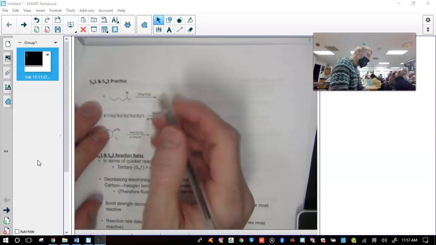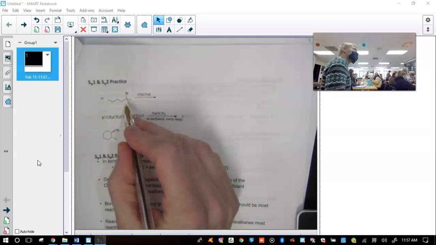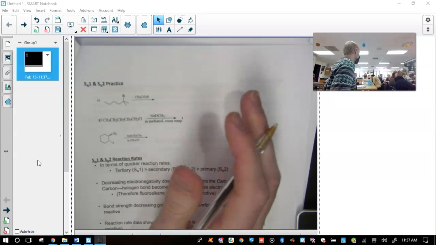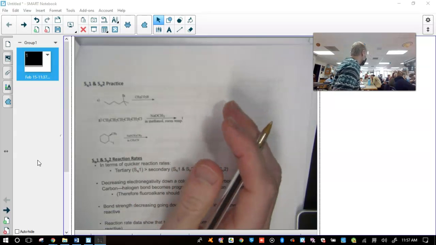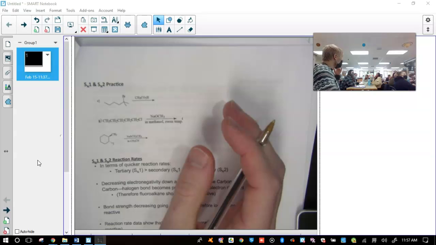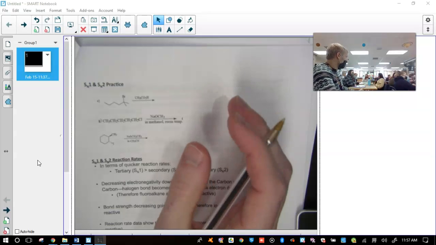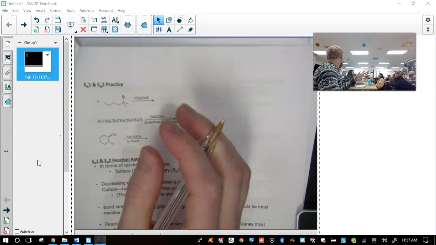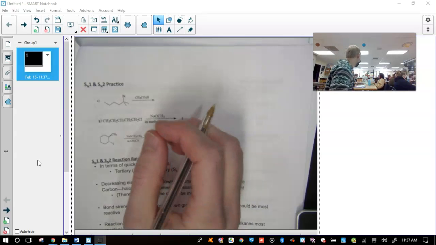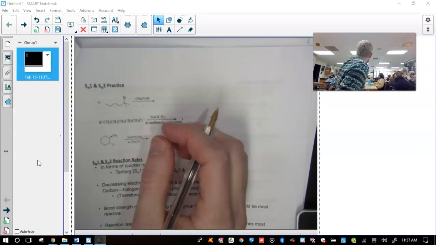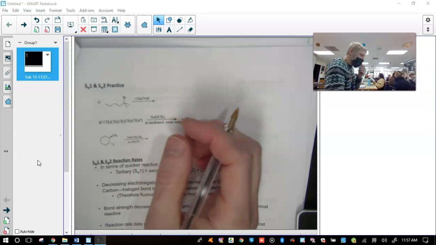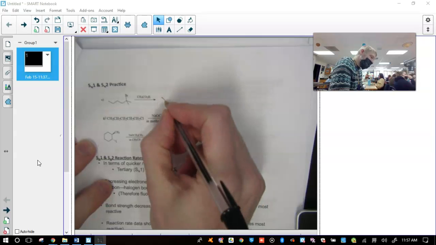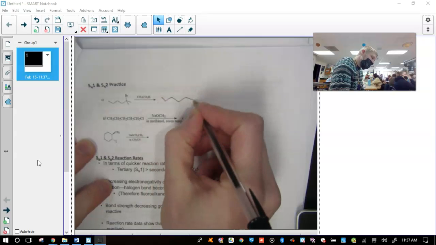So, guys, this is tertiary, so we have to do Sn1, which means it's unimolecular and something's formed. Carbocation intermediate. You got it. So we have to draw that. IB's going to want that.